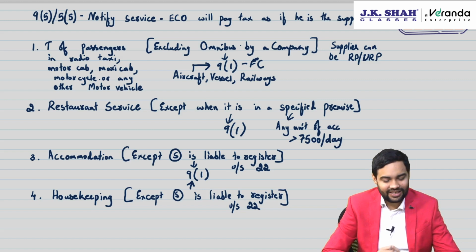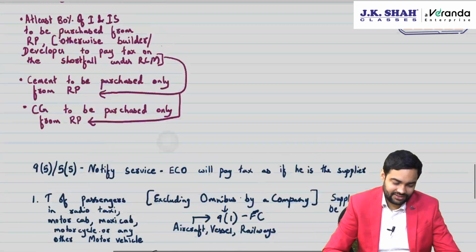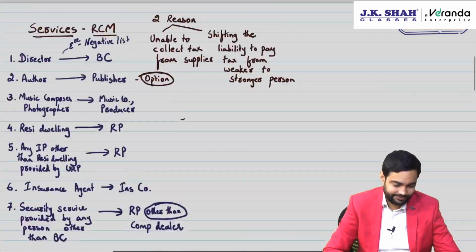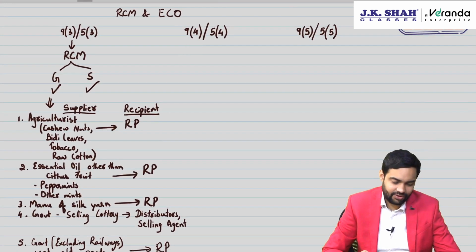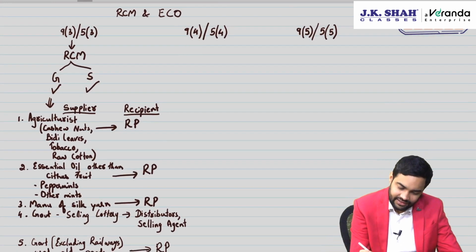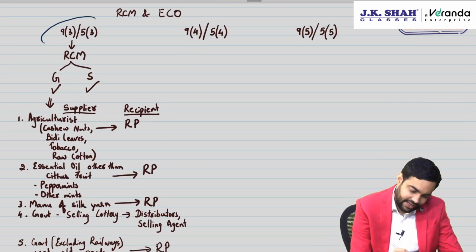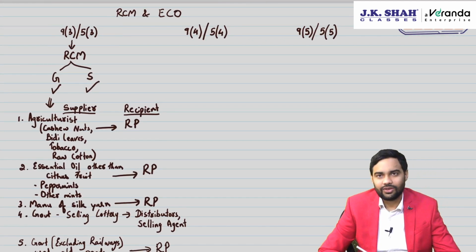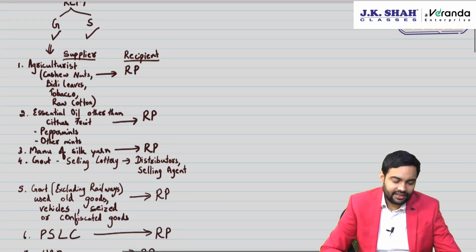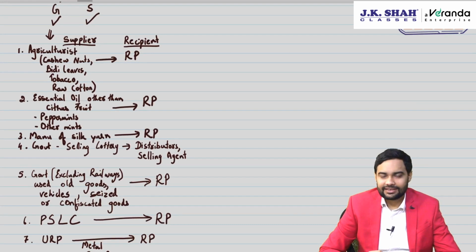Now let's quickly go through the RCM points and ECO points. See, we started our discussion from here, that we have 9(3) and 5(3) RCM, goods, services. See, supplier, recipient.